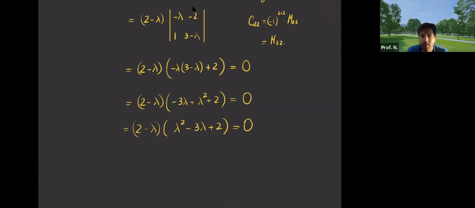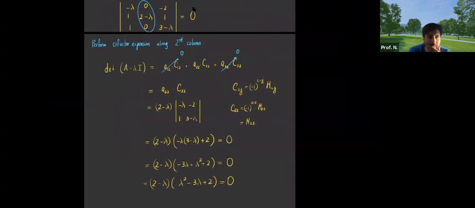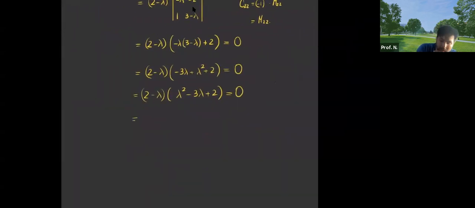What does lambda squared minus 3 lambda plus 2 become? Right. So this is 2 minus lambda, and this is lambda minus 2, lambda minus 1. Right? Isn't it minus 1?